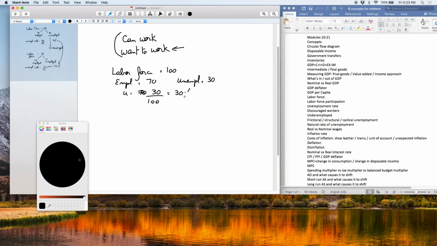So that's 30%, okay? Now, let's say that out of these 30 people who don't have a job, 10 of them decide to stop looking for a job, okay?